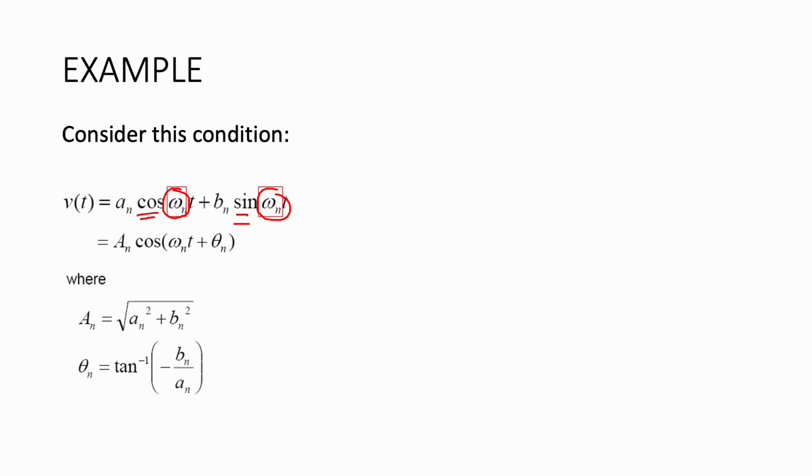So we need to change everything that is sine to become cosine, and anything that is negative to become positive. In this case, we have cosine and sine, but the angular frequency is the same, omega n, omega n. So our objective is to become it as a cosine.